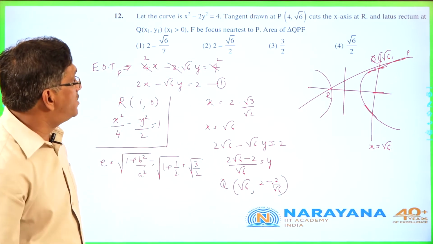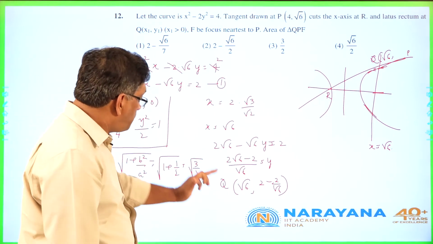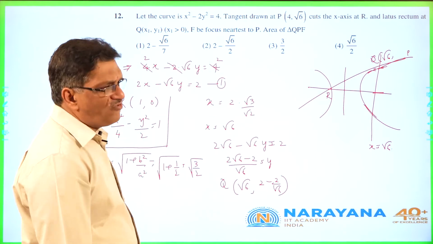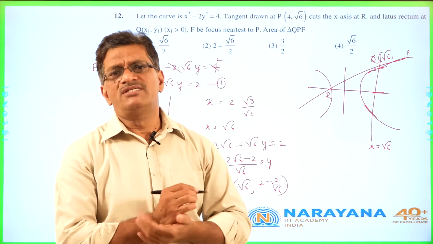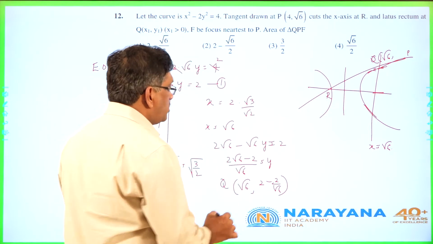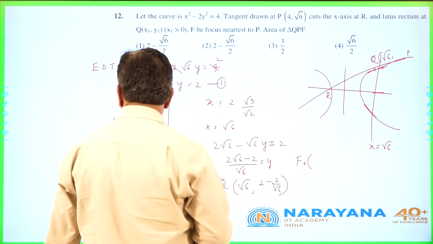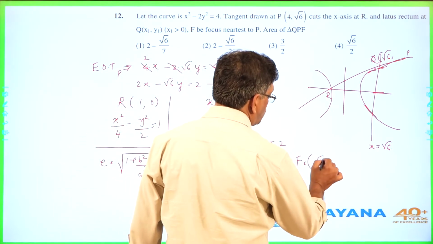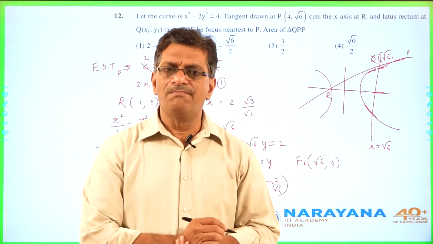He is asking the area of QPF. P has been given, Q we have got, and F is one of the foci, that is (AE, 0), which is (root 6, 0). Simply substitute it. I have given 3 points, find the area, simple question.